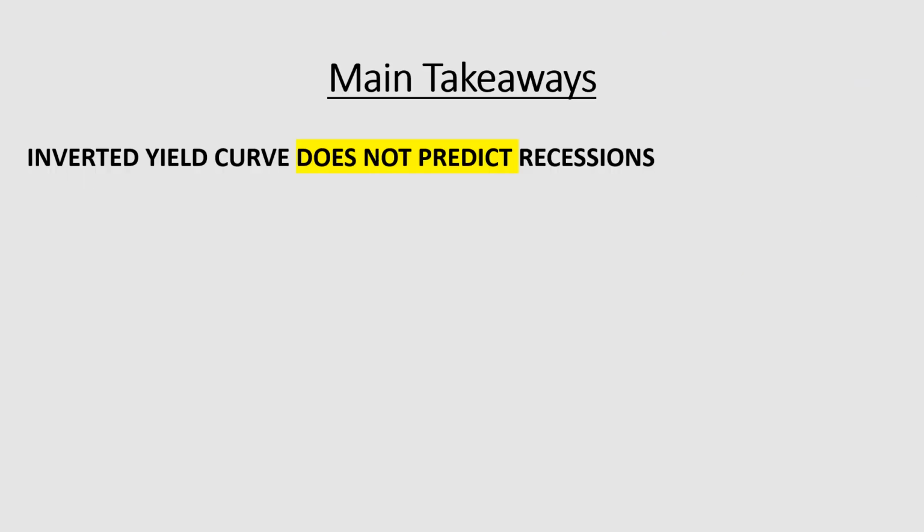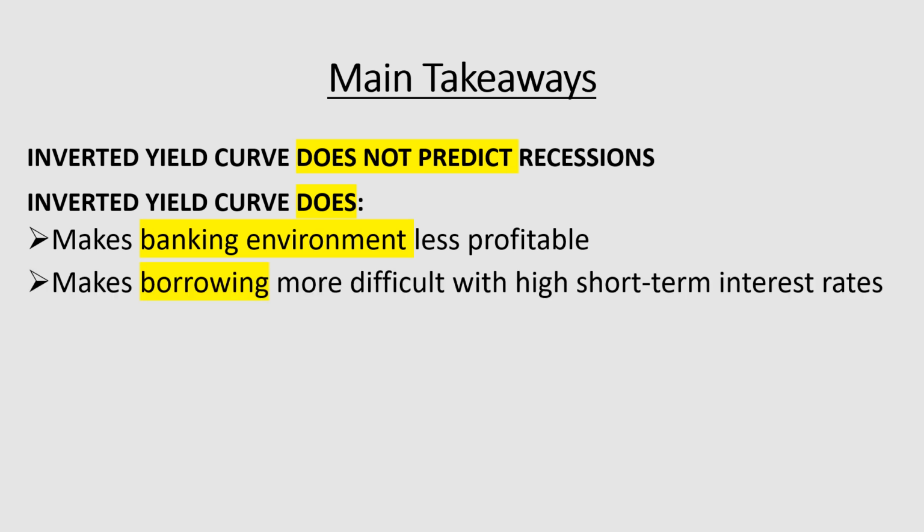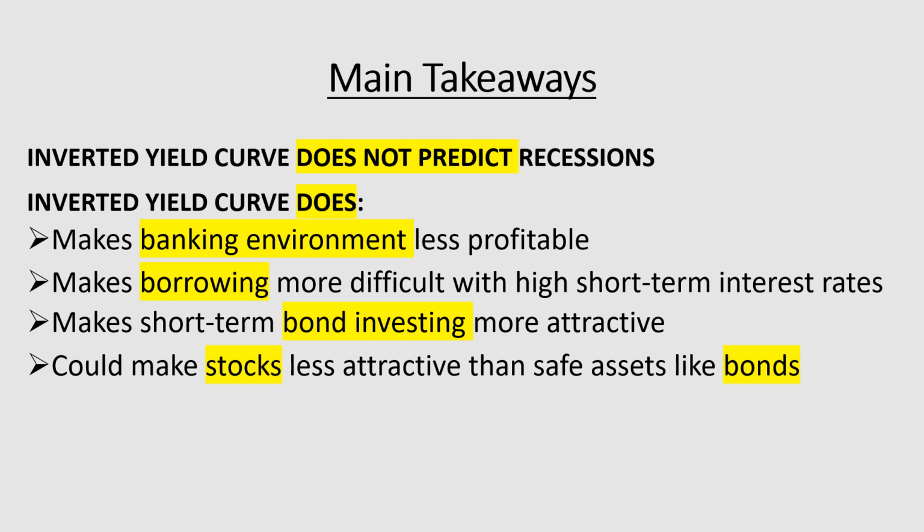So the main takeaways from this video are that the inverted yield curve does not predict a recession, but the inverted yield curve does make banking less profitable. It makes borrowing more difficult with high short-term interest rates. It makes short-term bond investing more attractive.